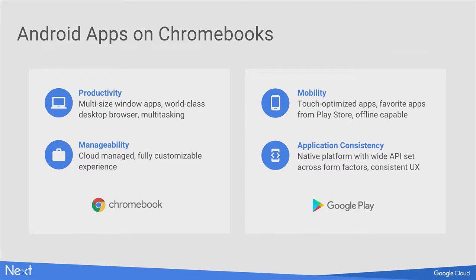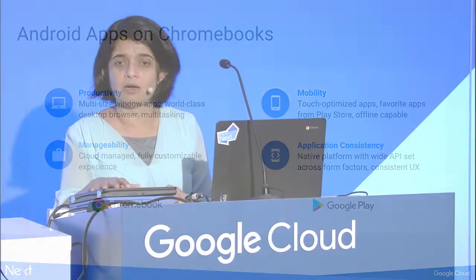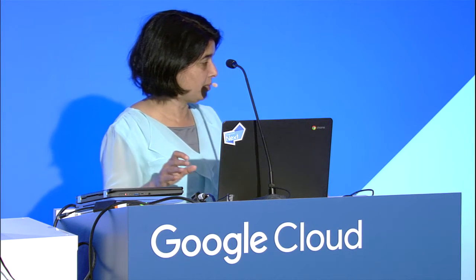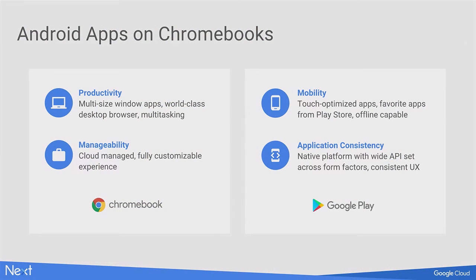Then if you think about Google Play, and the billions of users who are using Android applications and Android phones today, we also wanted to make sure that they had a consistent experience when they started using Android applications on their Chrome devices. Android applications are touch optimized, but Chromebooks have different capabilities.